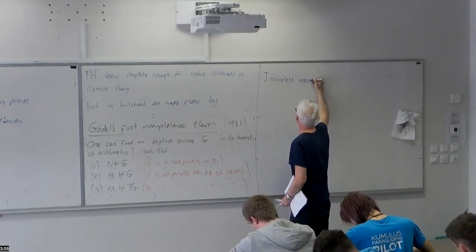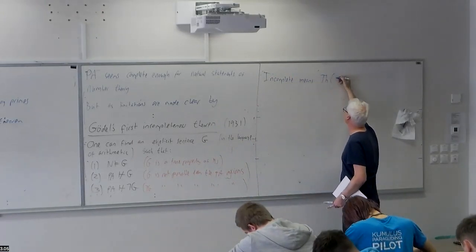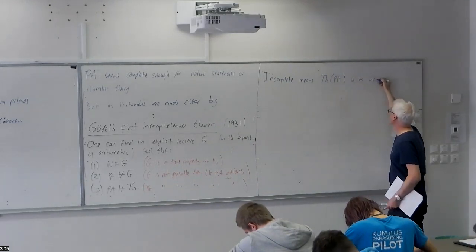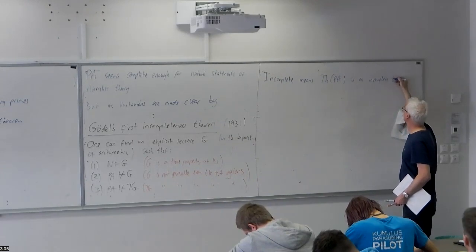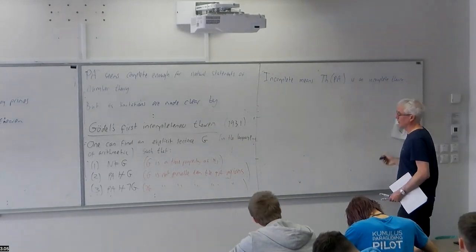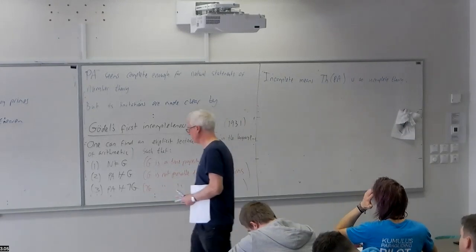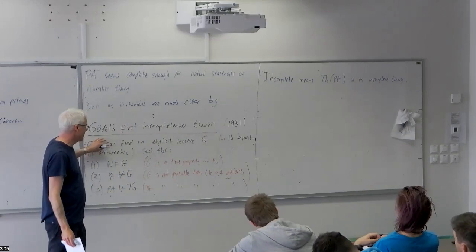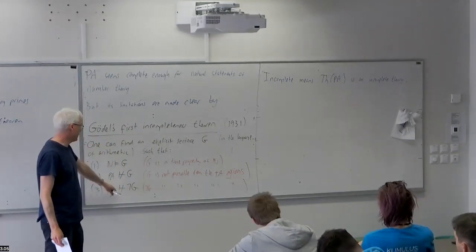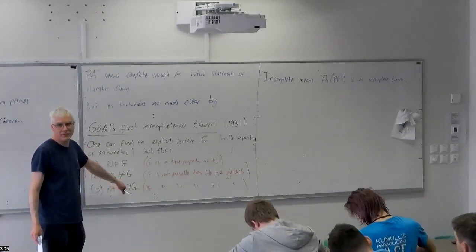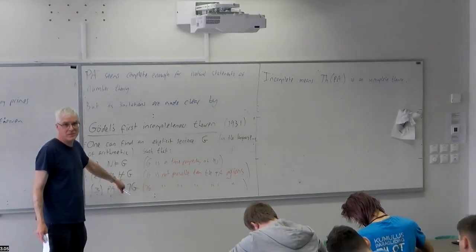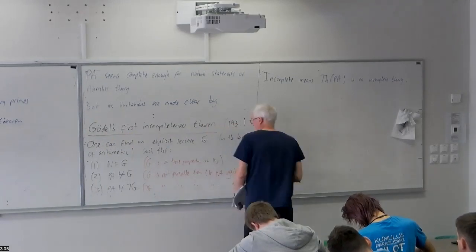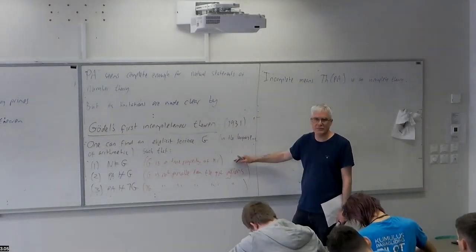This is a problem in that the Peano axioms are not sufficient for proving all truths of arithmetic.